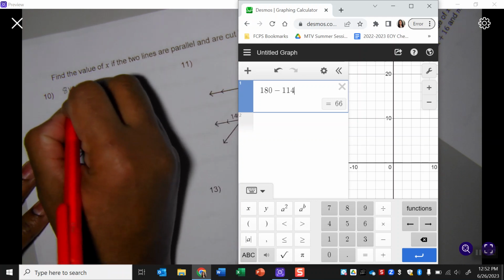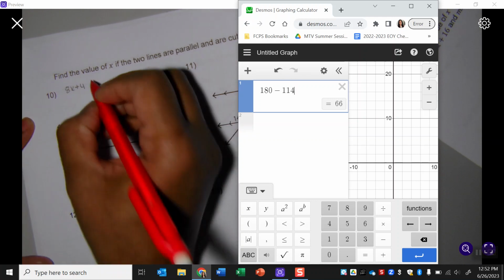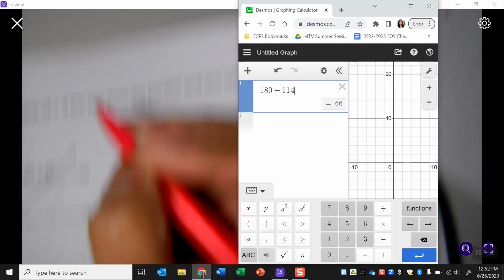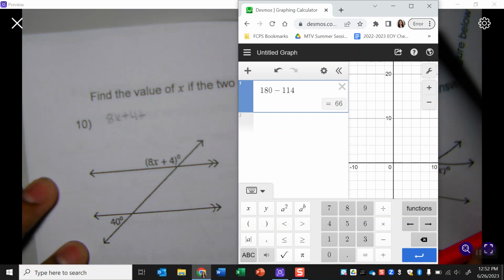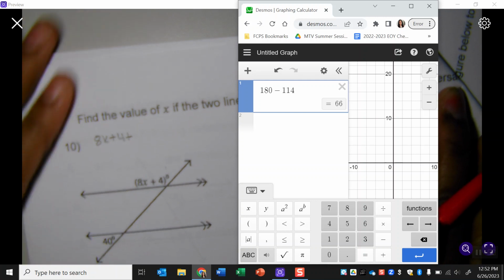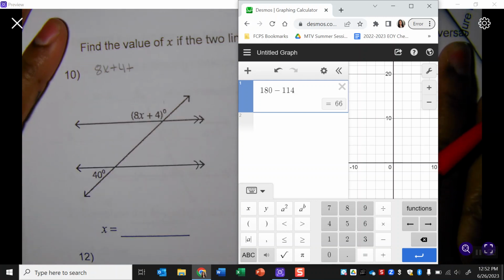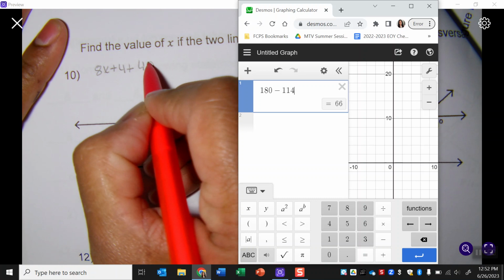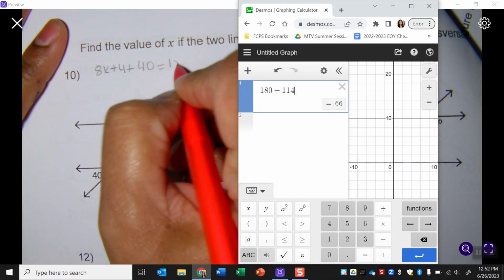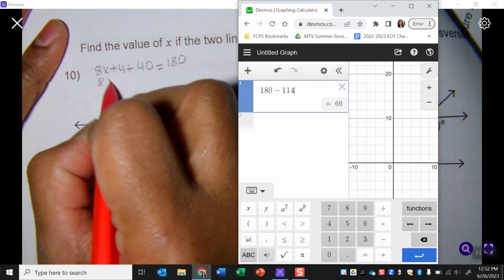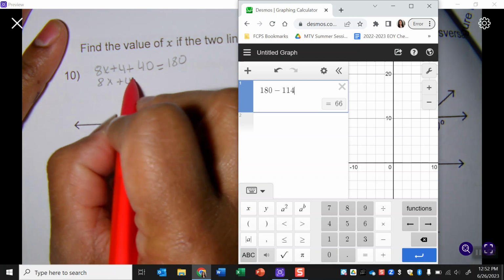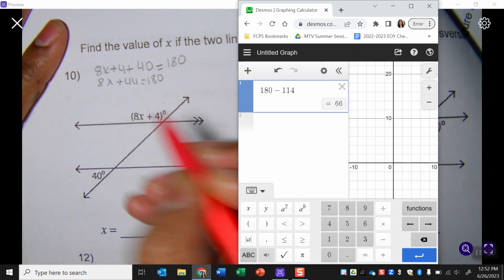So I'm going to go ahead and do 8x plus 4 plus 40, and that's going to add up to 180. Combine like terms, so that's 8x plus 44 equals 180.